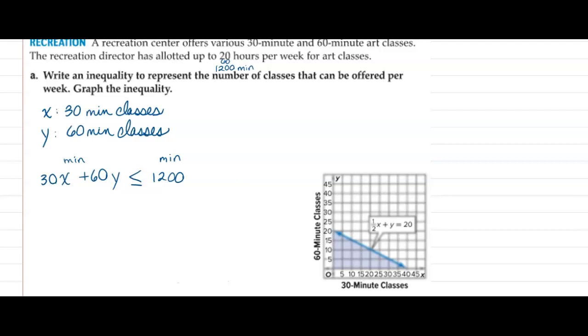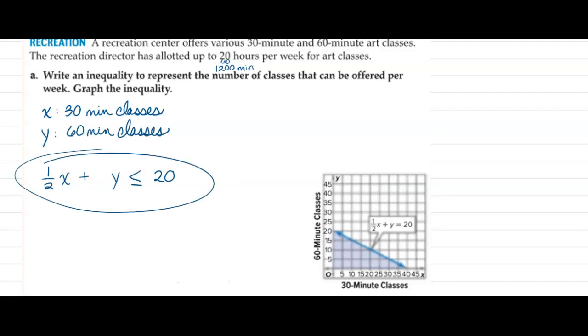That's a very large graph. So instead of changing these to minutes, we're going to keep these hours, and instead we'll change our minutes side of the inequality to hours. 30 minutes is a half of an hour. 60 minutes is 1 hour. This looks much easier to graph.